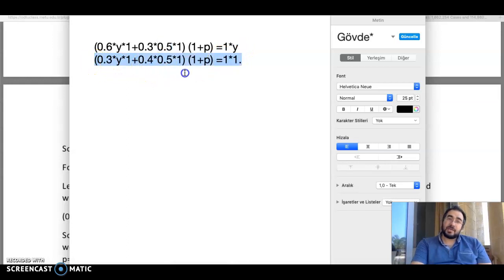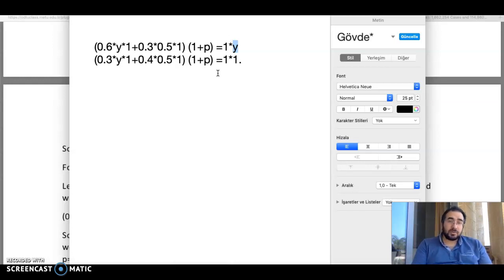And the same thing is also done for the consumer goods, but now you have 1 in place of the price. Using these two equations, you have two unknowns, p and y, so you can solve them.